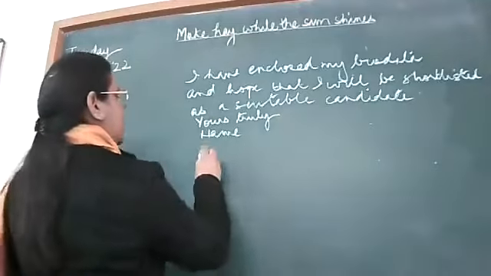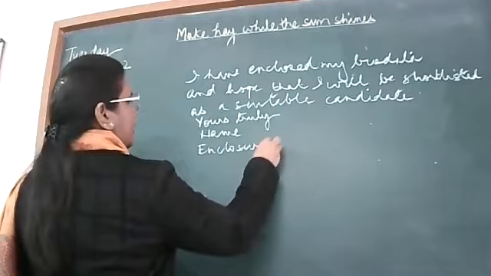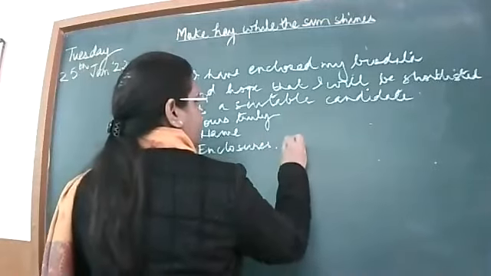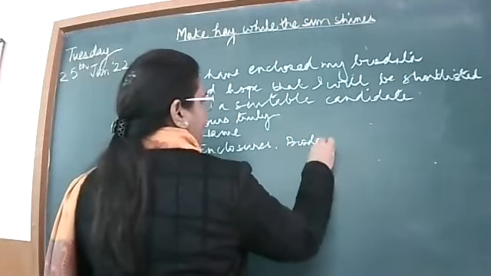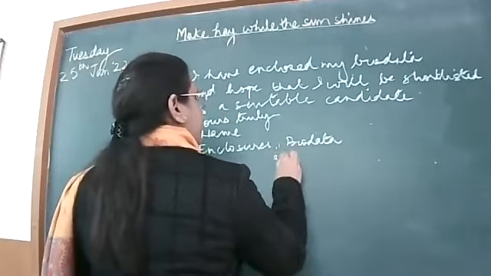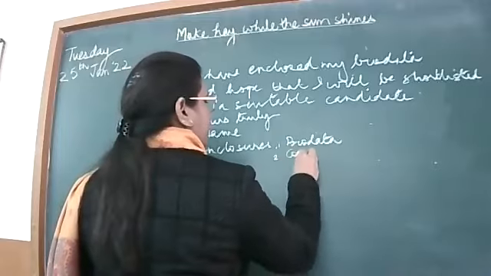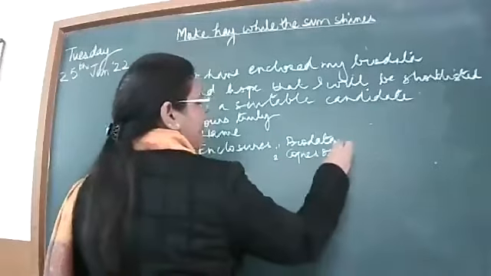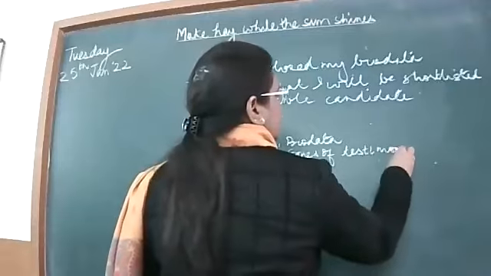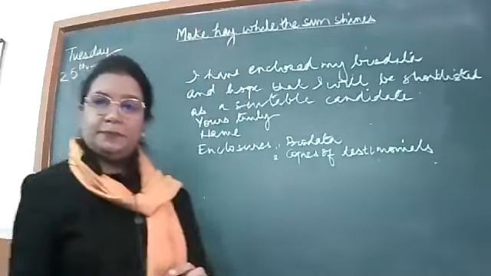Here we will call it enclosures. What are they? What are your enclosures going to be? Your enclosure is going to be your biodata, right? And maybe it could be the copies of your testimonials. That is your certificates, your degrees, right?